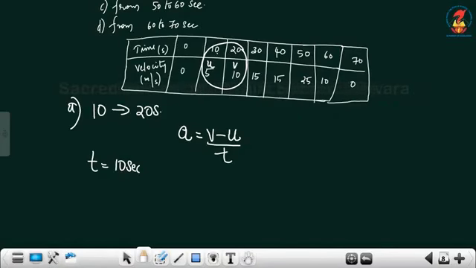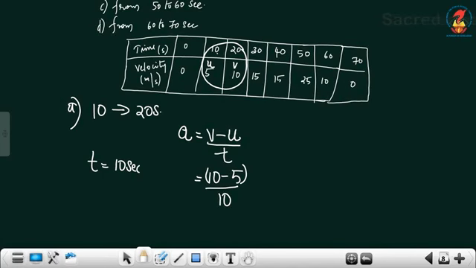and this one is the final velocity in that time. So that is (v minus u) by t, (10 minus 5) by 10. Why am I putting a bracket here?